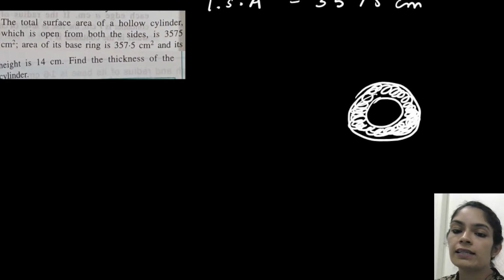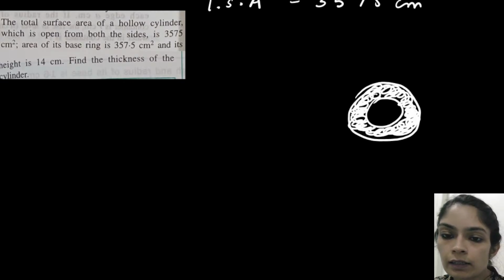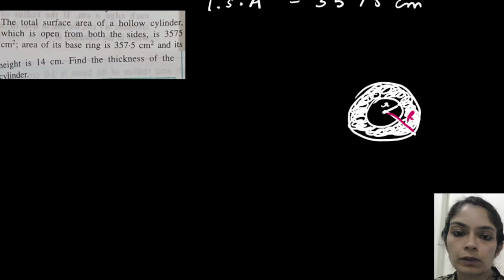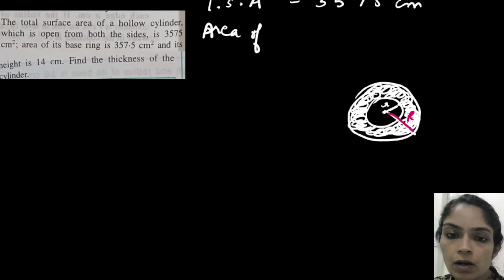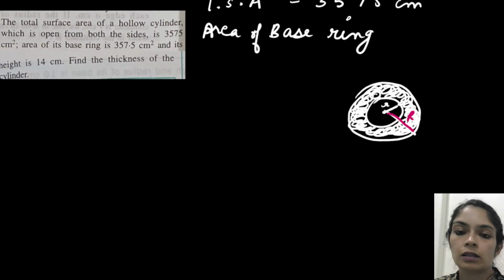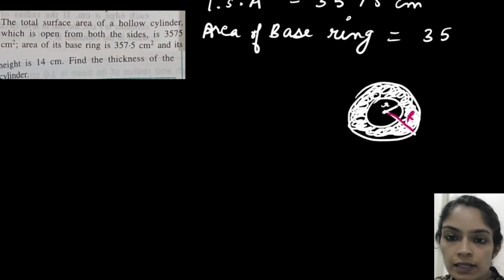This is small r, this is capital R. Only one ring's area is given to us, that is 357.5 centimeter square. And height is also given to us. Height is equal to 14 centimeter.